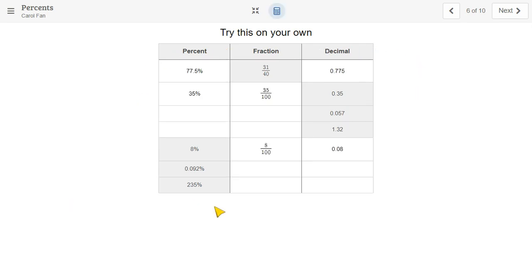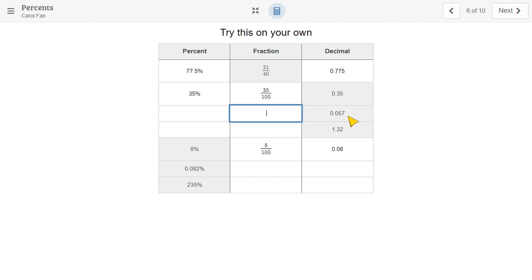Here are some of the solutions, and the ones that I've left blank, I'd like to talk a little bit more about. Now let's look at this decimal, 0.057. As a fraction, I count that there are 3 decimal spots.